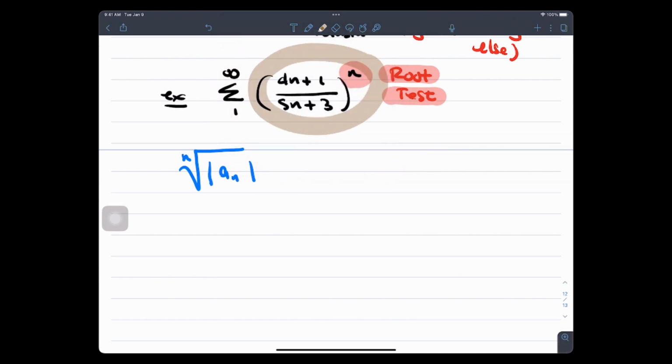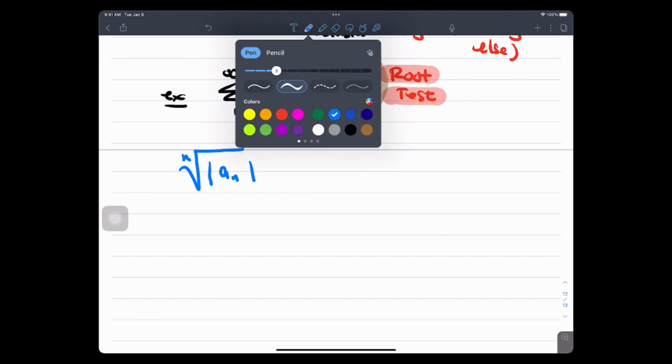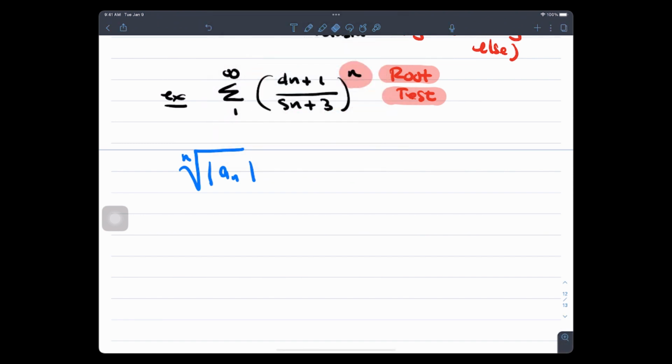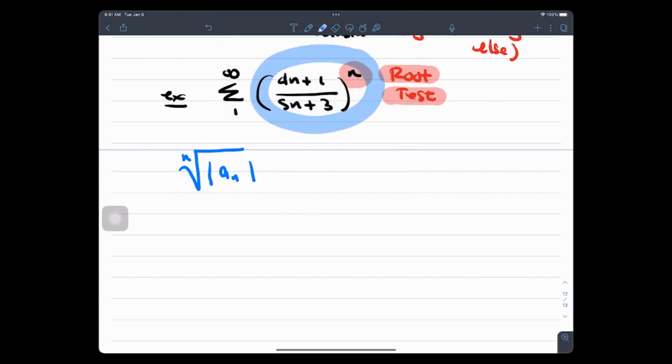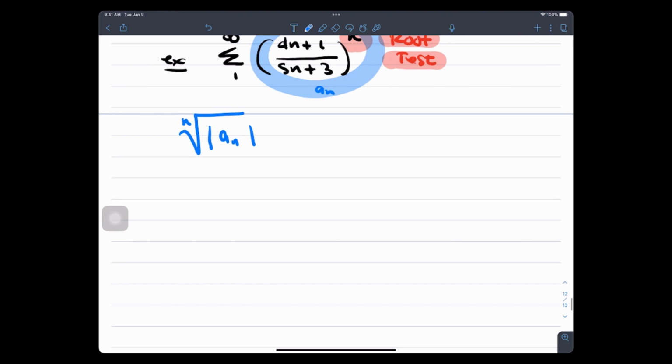This whole thing is a_n. So what's the absolute value if the whole thing is a_n?